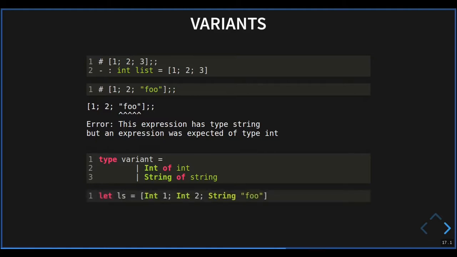So using this new type, we can actually create a list that contains both integers and strings, but they are wrapped in this variant type.